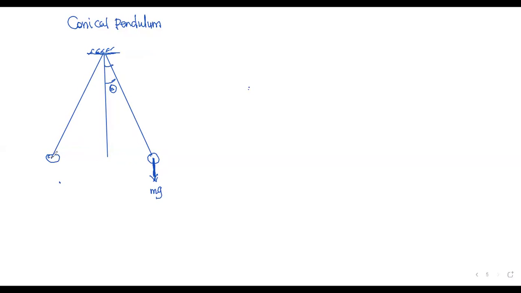Now, during the oscillation, its motion cuts the shape of a cone. The object actually describes a circular motion at the base, and the string cuts the shape of a cone, and it is for that reason that it is called a conical pendulum.